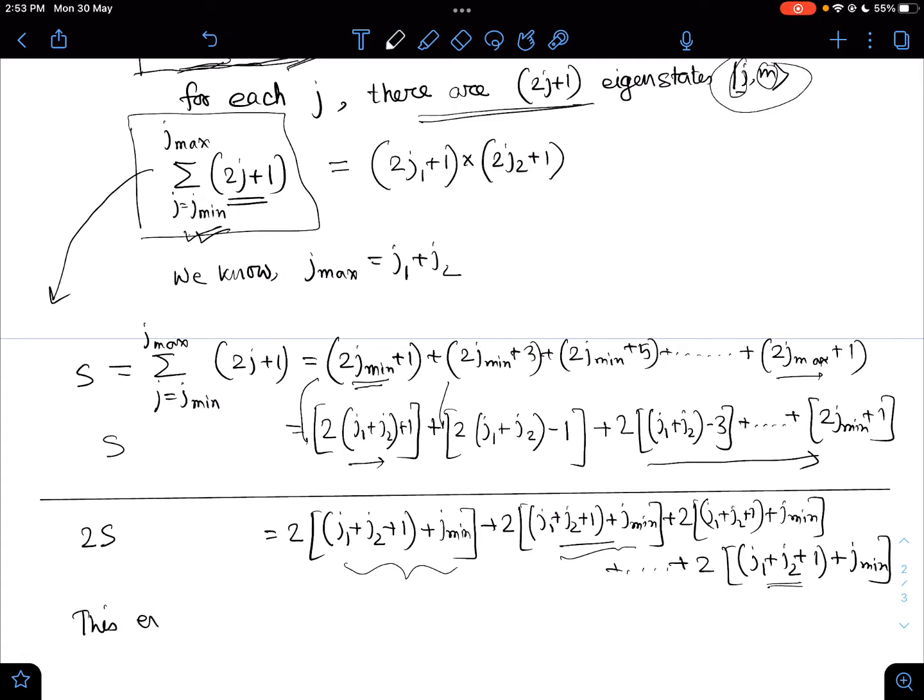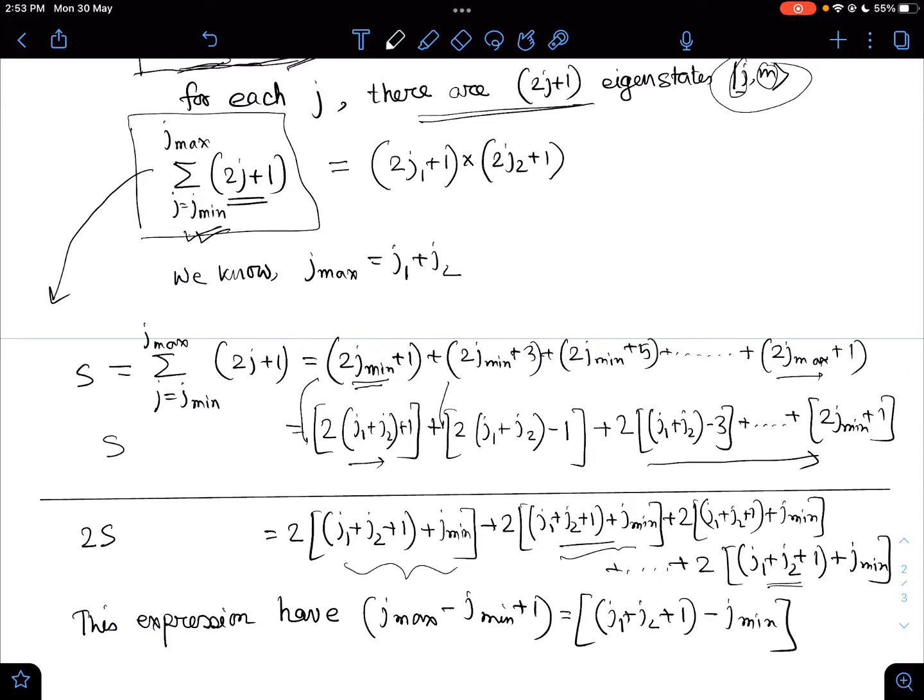Now this expression has J max minus J min plus 1 terms. So that means J1 plus J2 plus 1 minus J minimum, because it is starting from J minimum and going to J maximum in steps of 1.